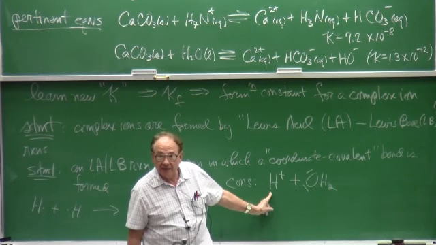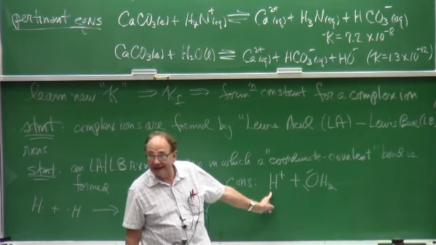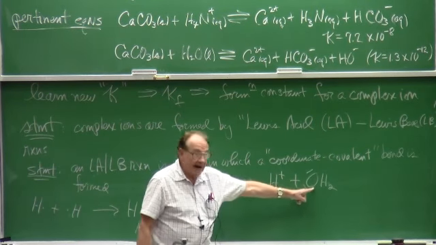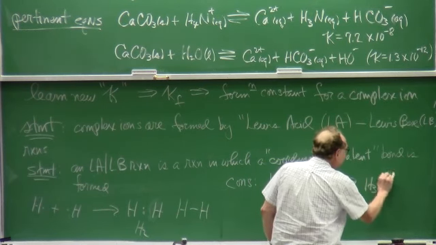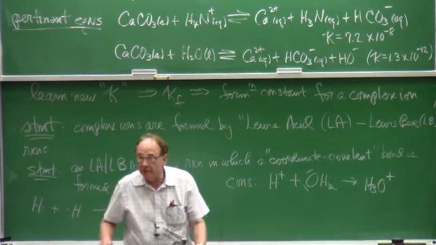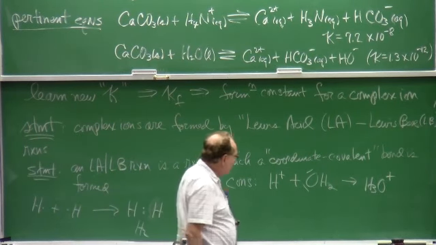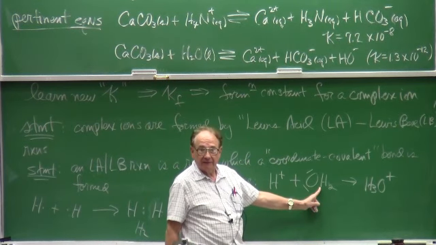Has H plus got any electrons? None. So if this thing is going to bond with this thing to make this thing, with which we are quite familiar because of acid-base chemistry in Chapter 18, then it must be true. This had to supply both the electrons to make the bond.